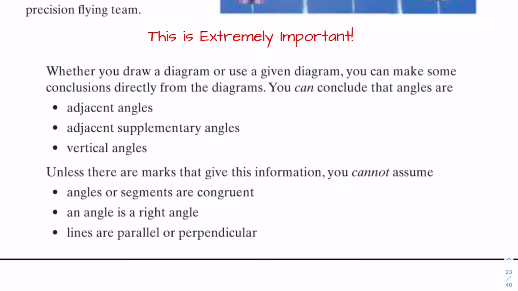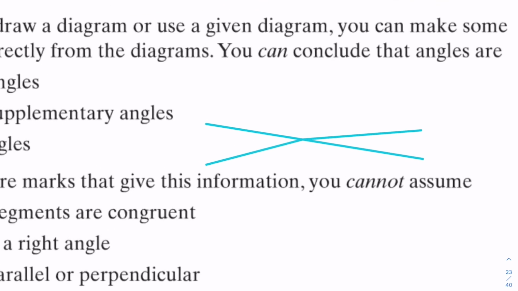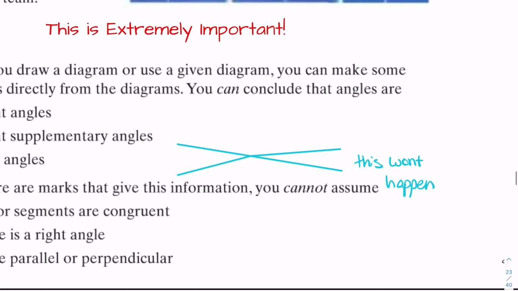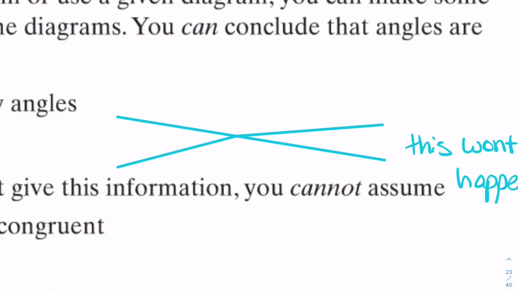Here's what that means. Nowhere will we give you a diagram that, instead of having two opposite rays like this, adjusts a ray just a little bit like that. Do you see what I did there? I tweaked it a little bit. This won't happen. We're not trying to trick you. If we made that little adjustment, it's not perfectly in line.